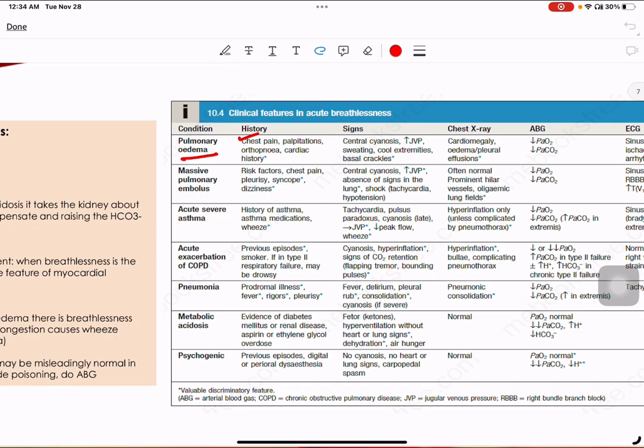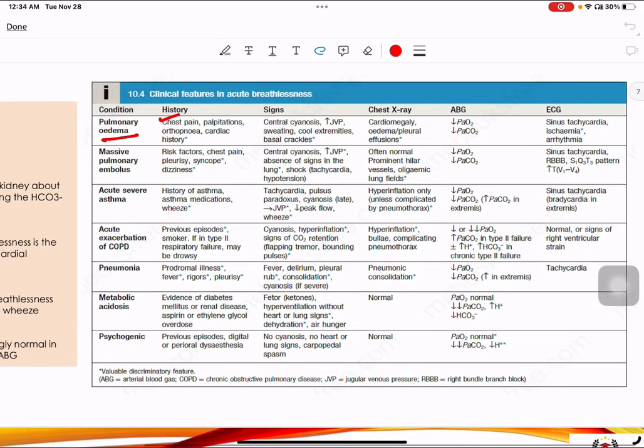On chest X-ray it may be normal. There may be prominent hilar vessels and oligaemic lung field. There will be features of type 1 respiratory failure on ABG, and on ECG there may be sinus tachycardia, right bundle branch block, S1Q3T3 pattern, that is a large S wave in lead 1, and in lead 3 there may be Q wave and T inversion.